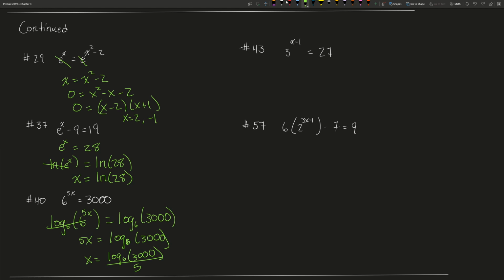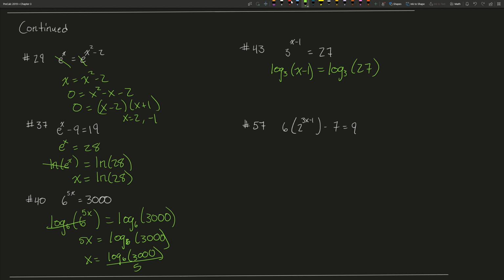Number 43, 3 to the power of x minus 1 is equal to 27. In order to cancel out the base of 3, we have to take the log base 3 of both sides. So when we do that, we get log base 3 of 3 to the power of x minus 1 is equal to the log base 3 of 27. Now, on the right hand side, we can actually simplify that a little bit more.